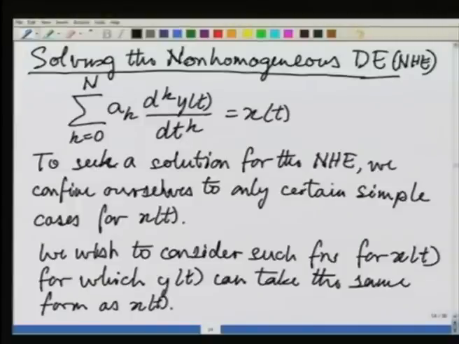Further, we want such functions where the derivatives of y t have the same form as y t. So, this what we have just written we shall call the first constraint.